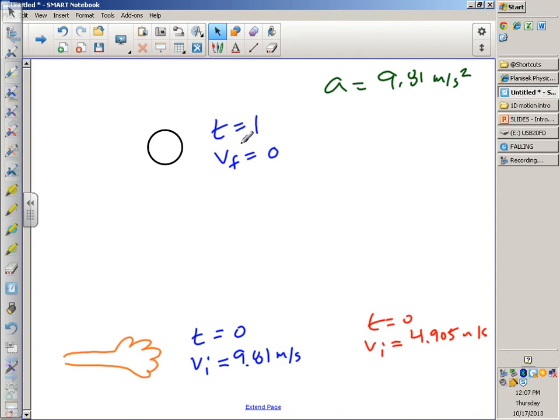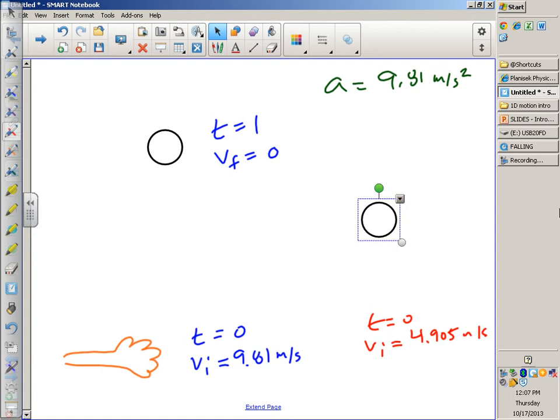But is it going to be up here? No. It's only going to go this far.